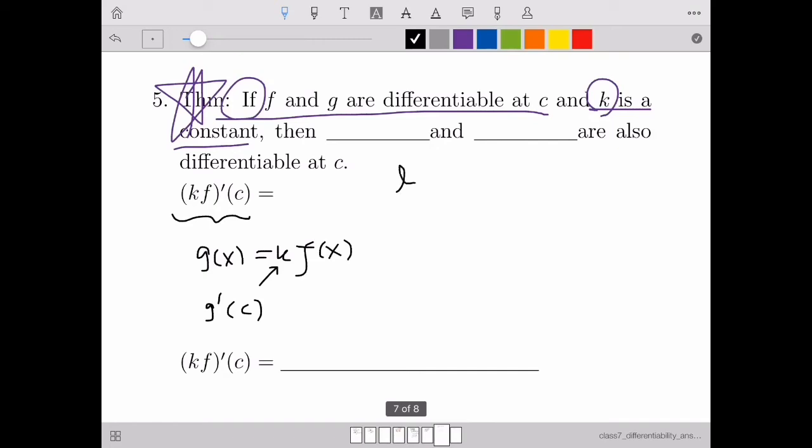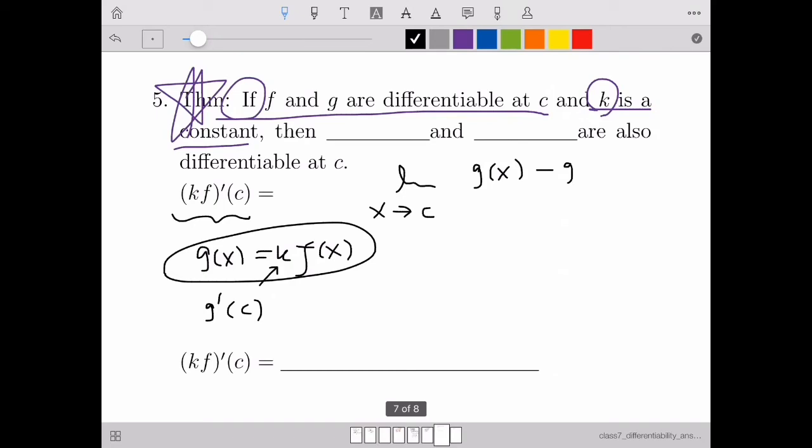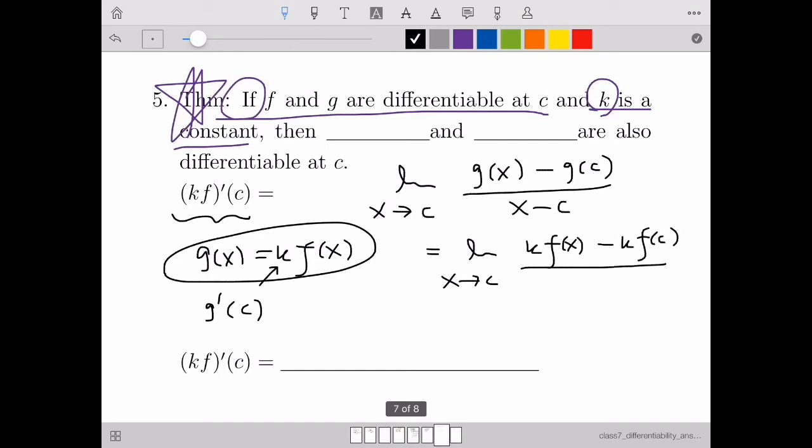So it's the limit as x approaches c of g of x, where g is this, minus g at c over x minus c, which is the limit as x approaches c of k f of x minus k f of c over x minus c.